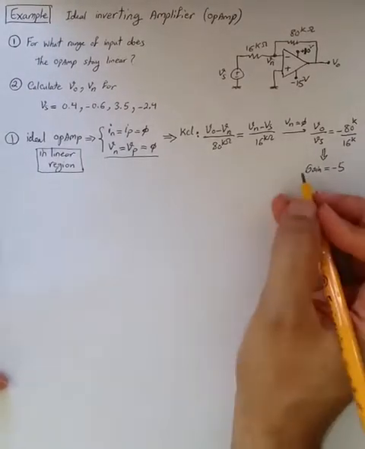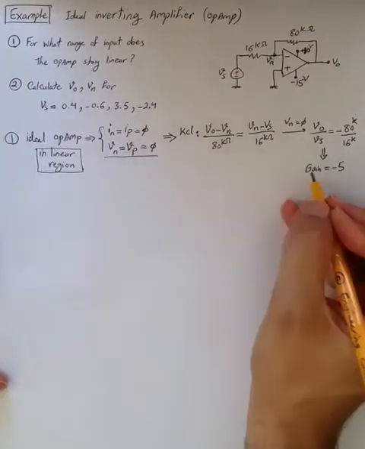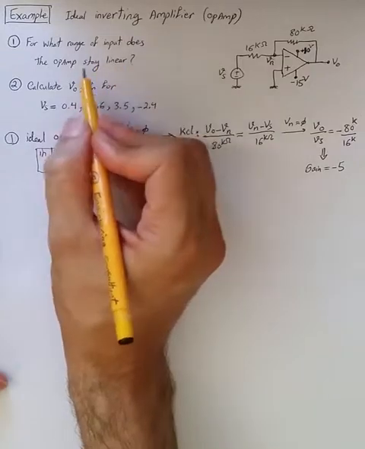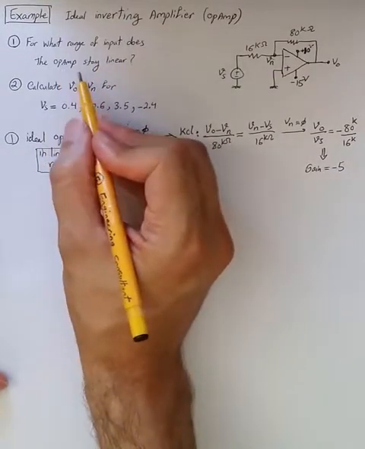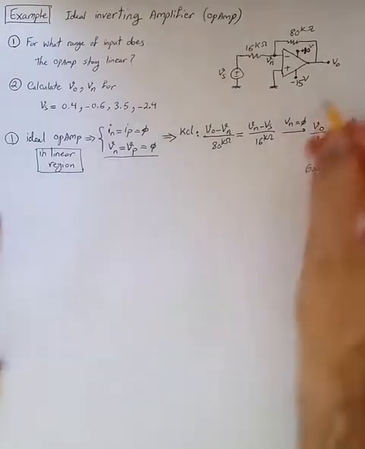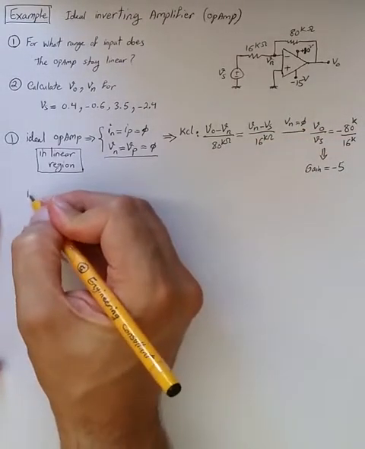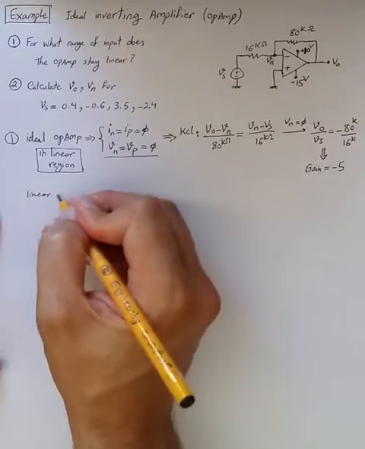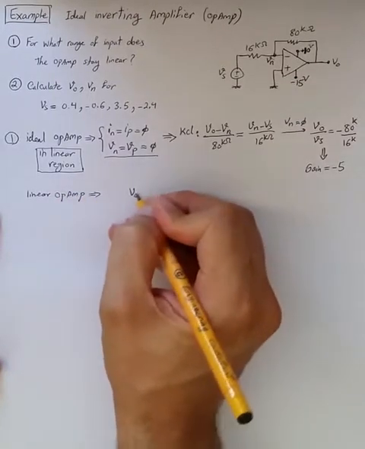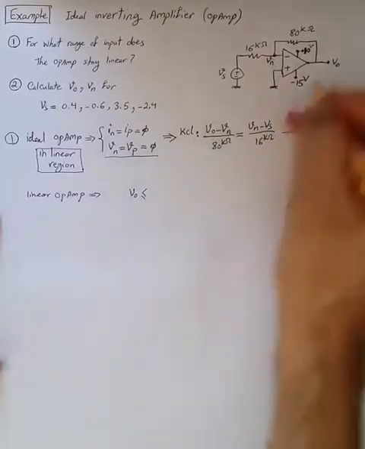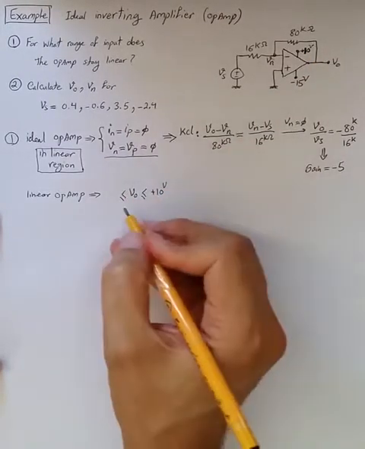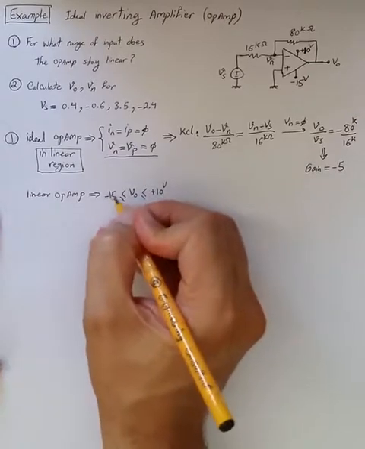And from there we can find the range of input, assuming the op-amp stays linear. If the op-amp stays linear, VO should be less than or equal to plus 10 volt and more than or equal to minus 15 volt.